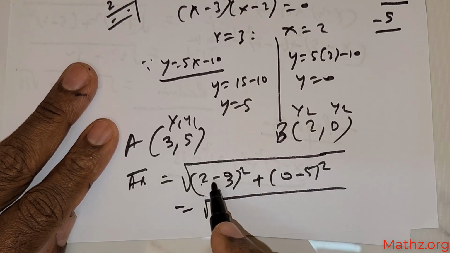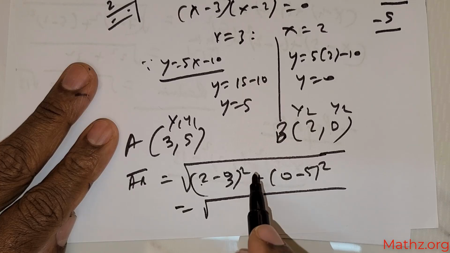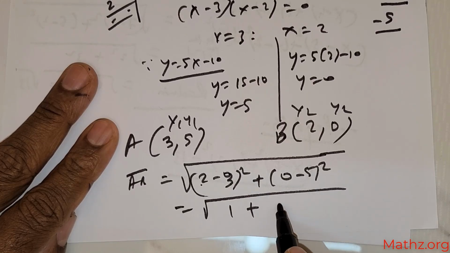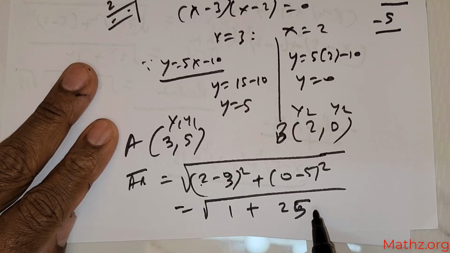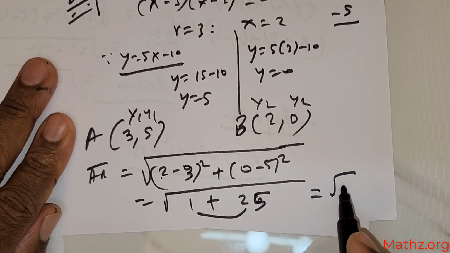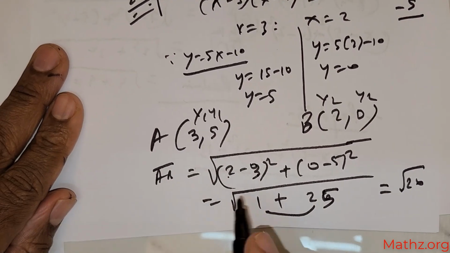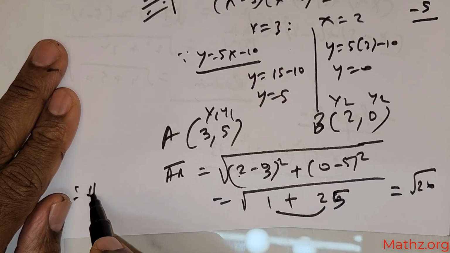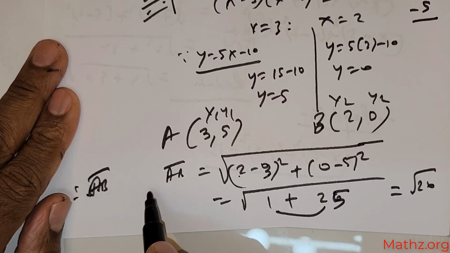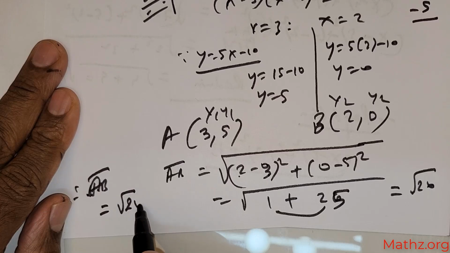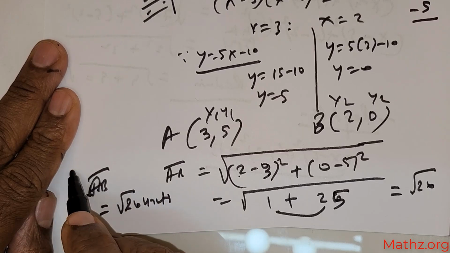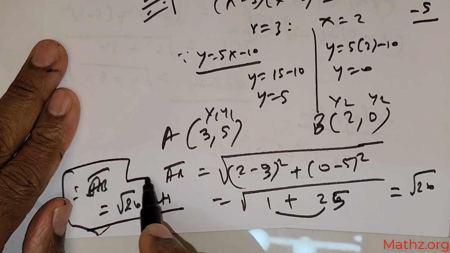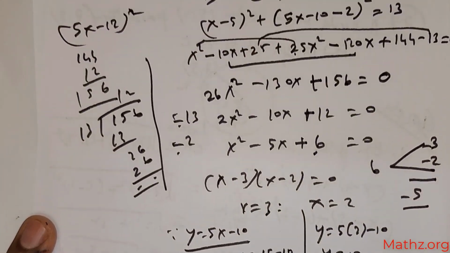So it's going to be square root of 2 minus 3, that's negative 1, you square it, you get 1. 5 squared is 25. So 25 added with 1, you get root of 26. So therefore the length of AB is square root of 26 units. So that is the solution for this question. So it's a lovely question, students.